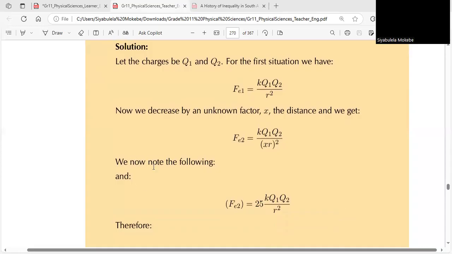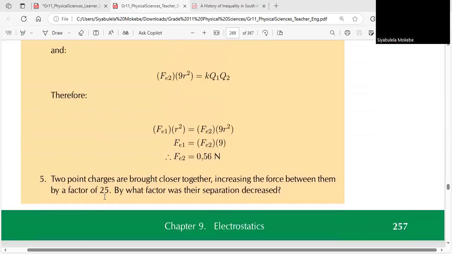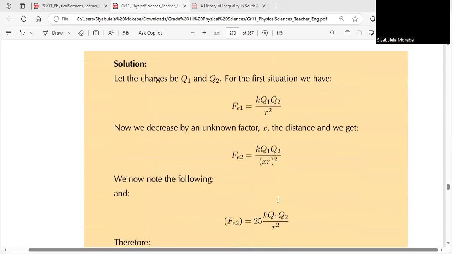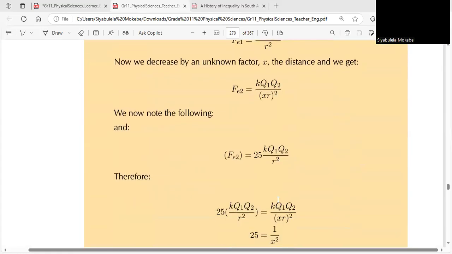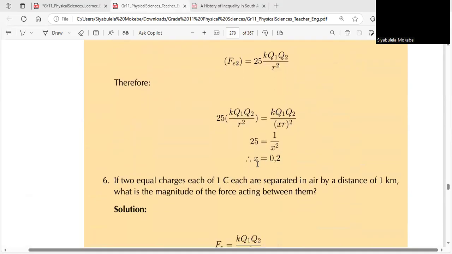We now note that Fe2 is equal to 25 kq, because we increased by a factor of 25. Therefore, if we equate those two situations, x is equal to 0.2.